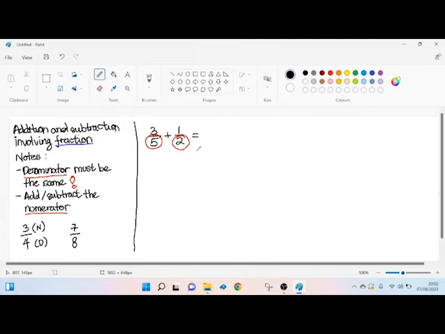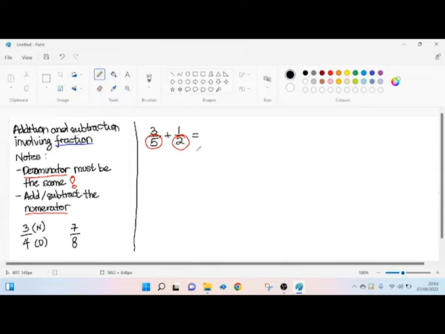Well, 20 can be divided by 5 and 2, but that one is not the smallest. It's 10, right? 10 can be divided by 5 and 2. And true, that one is the smallest number.